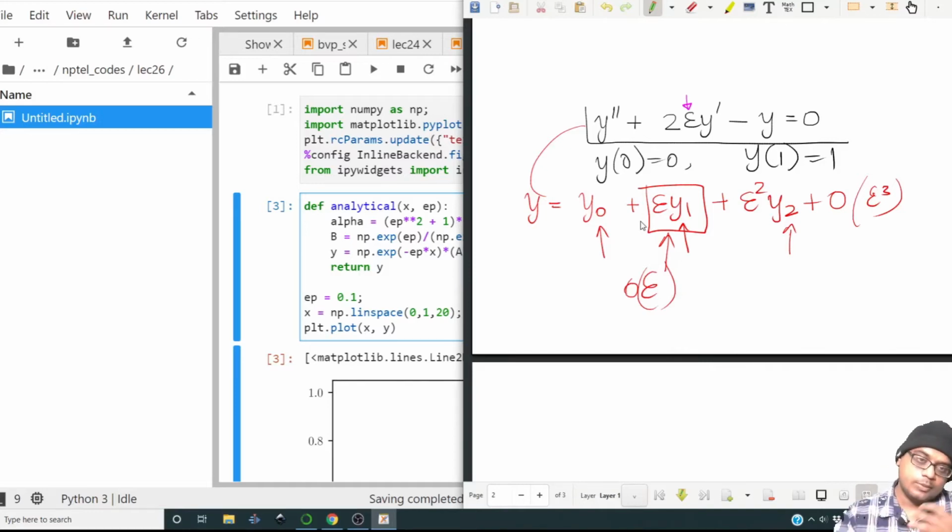If it were order epsilon square, we would have to rescale y1 so that the orders of each successive term are preserved. And first of all, it need not even be epsilon square, it could be epsilon log epsilon. There can be a whole variety of gauge functions, but in this particular case, we observe that the equation does have a floating epsilon over here, and it works out.